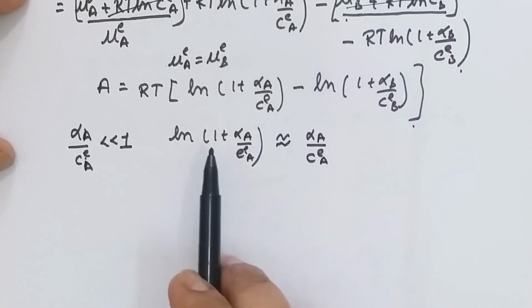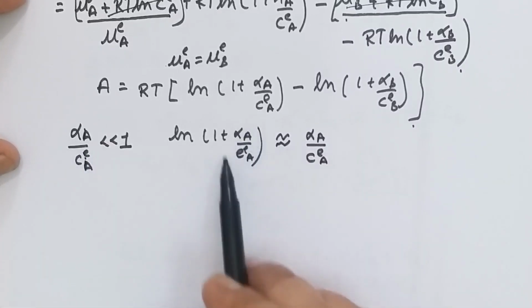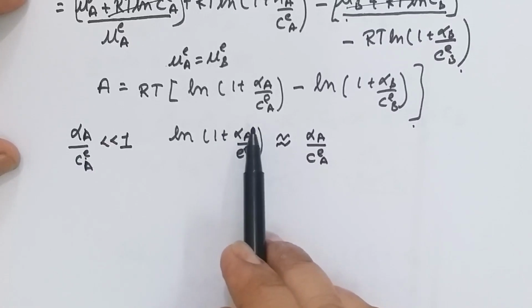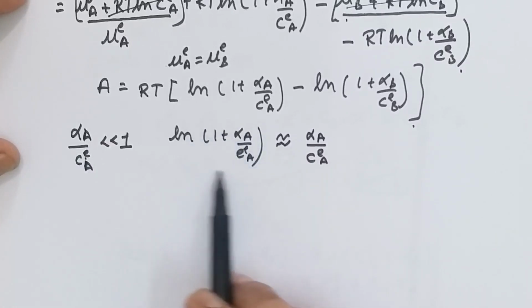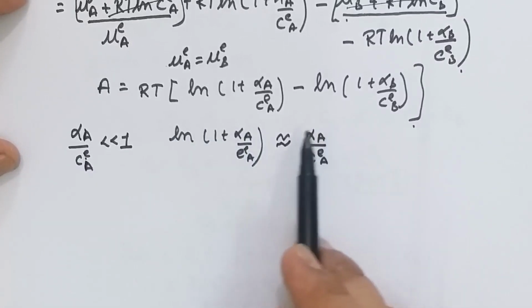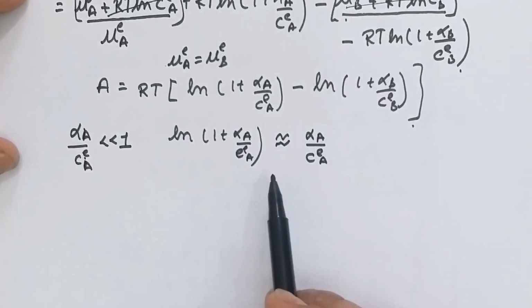Because this is very much less than 1, the value of ln will be almost similar to the value we get by dividing it.